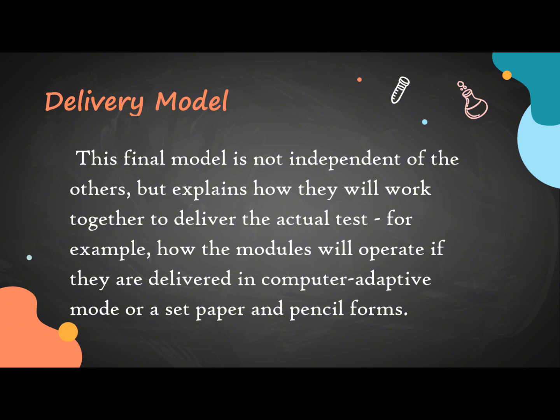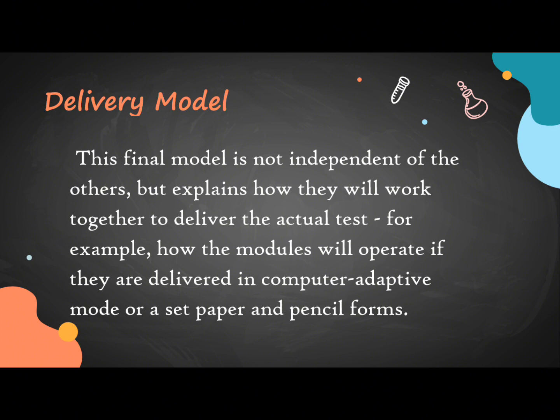We have the delivery model. This final model is not independent of the others, but it explains how they will work together to deliver the actual test. For example, how the modules will operate if they are delivered in computer adaptive mode or as paper and pencil forms.